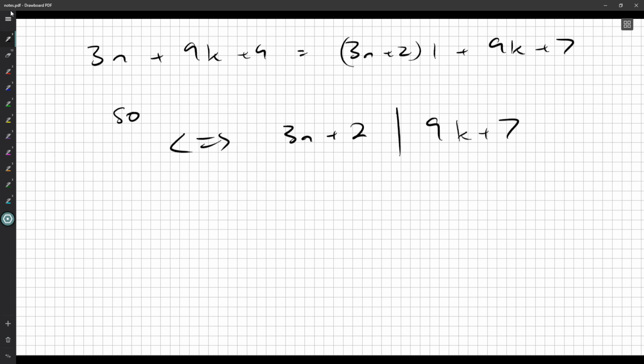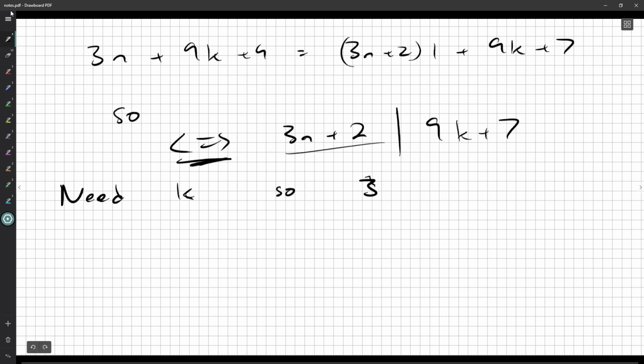Okay. So we need a k. And because I've got these nice if and only ifs, or equivalency signs, I know that if I can get an n that solves this, x will be an integer. And if I can get an x that is an integer, the n must solve this.